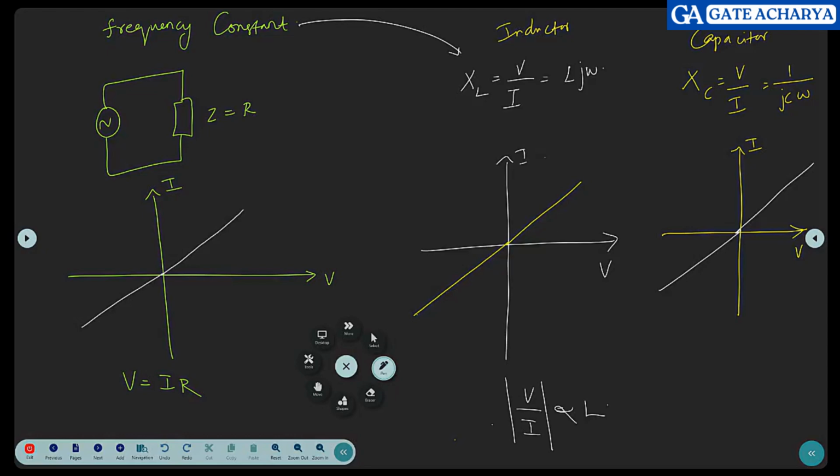When you push the equation into Fourier, that is the frequency domain, I get an easy equation. If it would have been d by dt, it would be very difficult to handle. Now it is just j omega, and I say omega is constant. Immediately I get a picture of the relation between V and I, and it is a straight line. Whenever a graph is a straight line, you can say the system is linear.